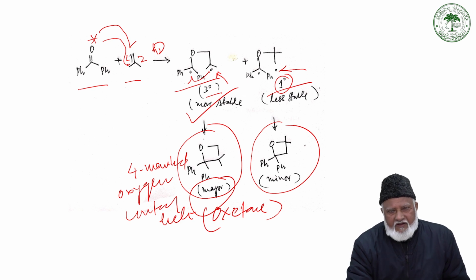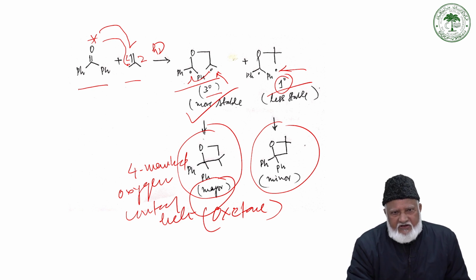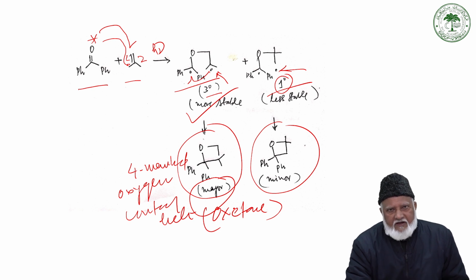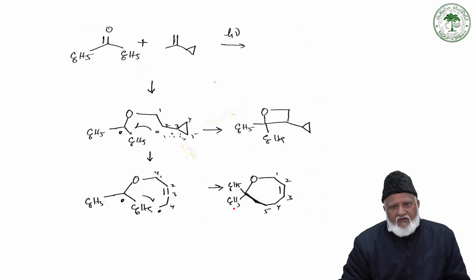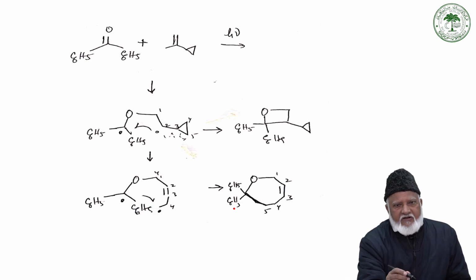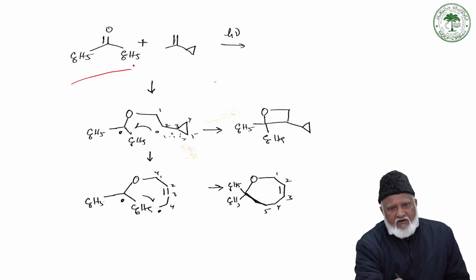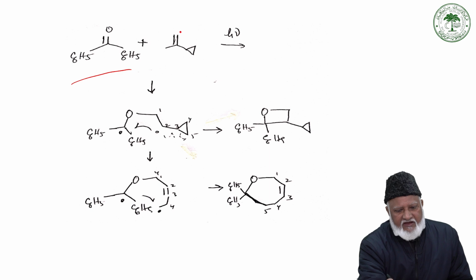As I have mentioned, this reaction is regioselective because it gives the more stable carbon-centered radical, and several examples have been reported, a few of which are shown here. Say for example, benzophenone reacts with an alkene. This is a methyl group, and this is a cyclopropyl group.